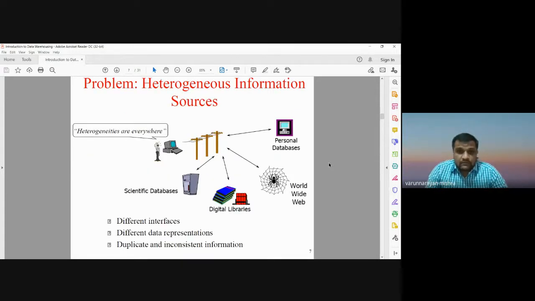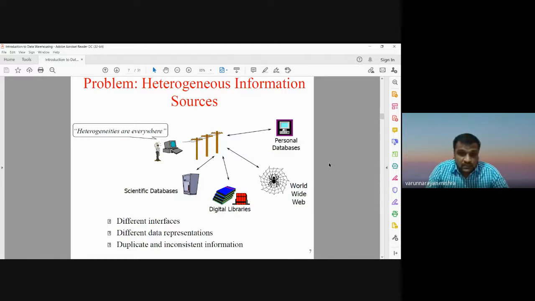We may have different information sources which are heterogeneous in nature. As we know, heterogeneity is everywhere; each and every thing in the real world is heterogeneous. They are not the same every time, they may be different from each other. So because of the different sources of heterogeneous information, we need data warehousing.